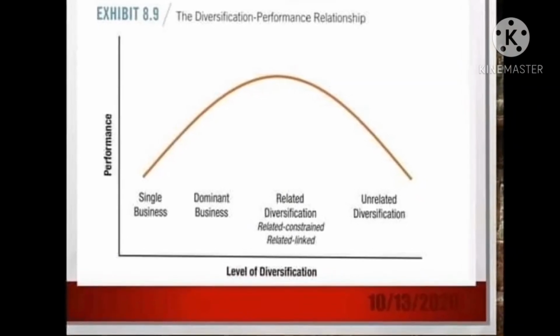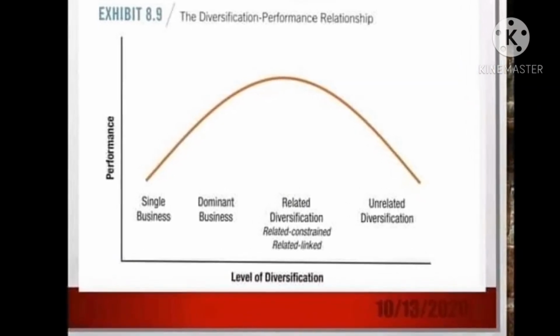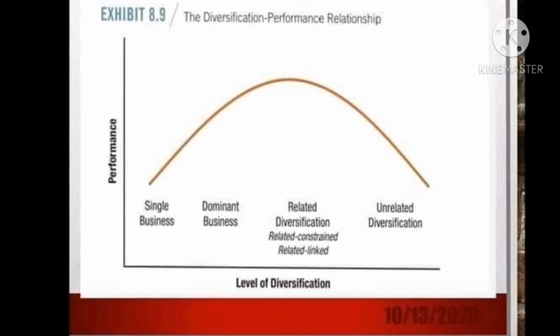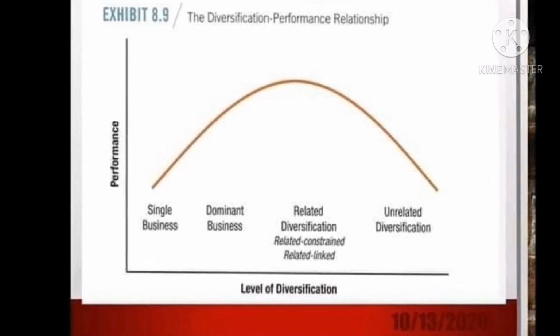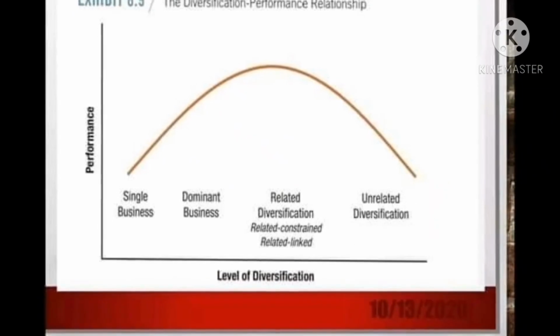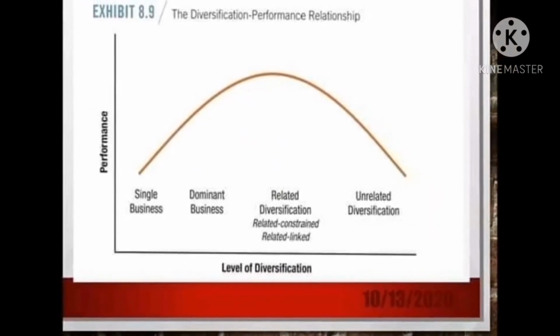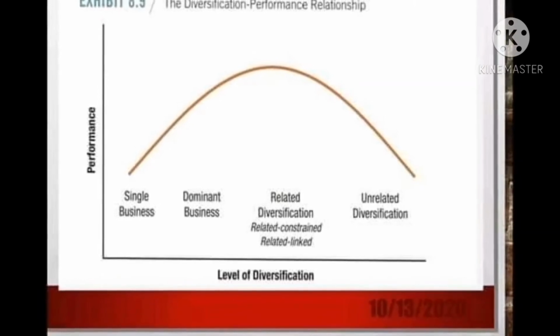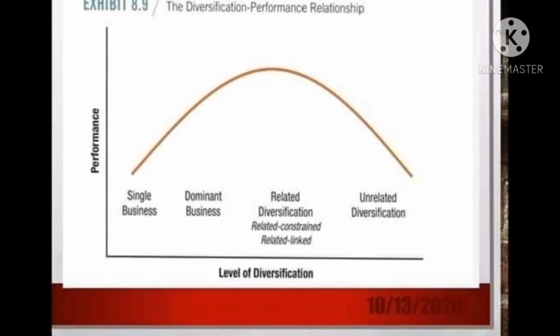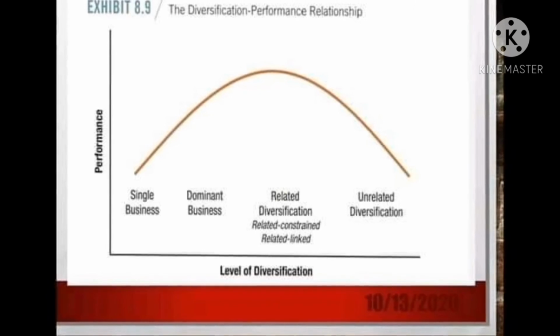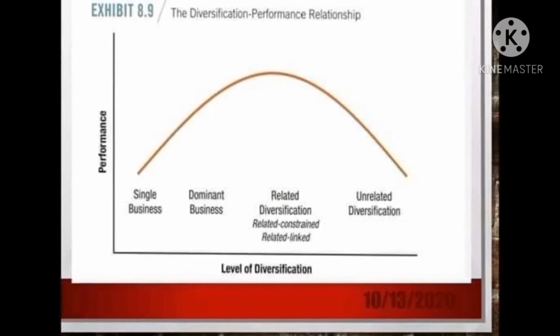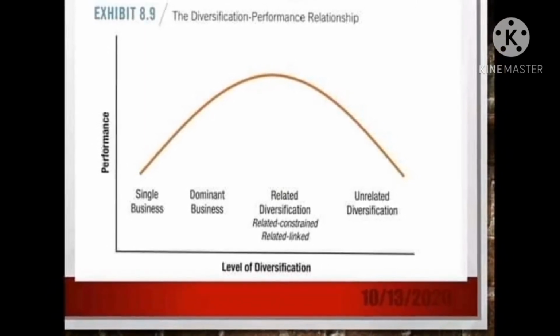Related constrained: less than 70% of revenue comes from the dominant business, and all businesses share product, technological and distribution linkages. Related linked: less than 70% of revenue comes from the dominant business and there are only limited links between businesses.